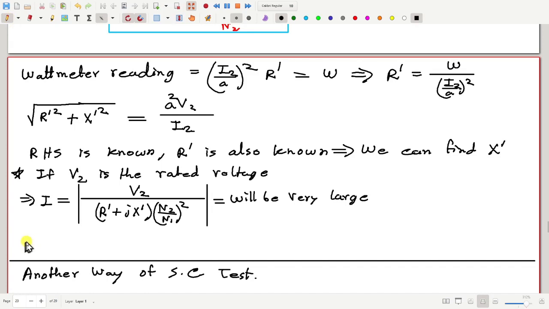So the SC test is not done under rated voltage. Rather, it is done with rated current, for which we need very low voltage to be applied.